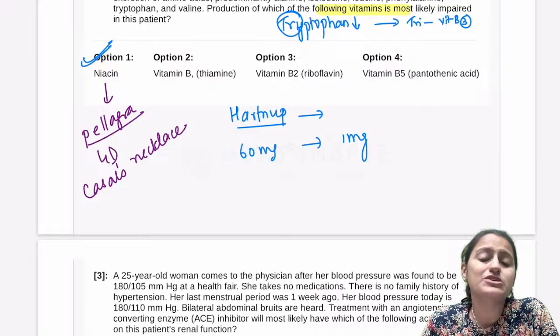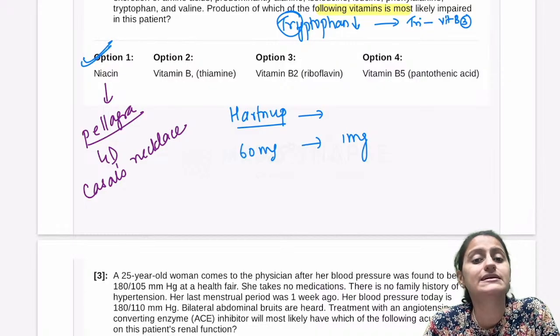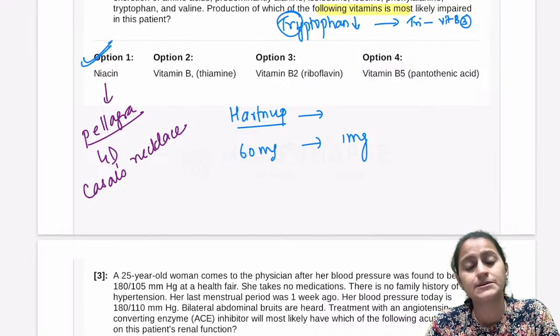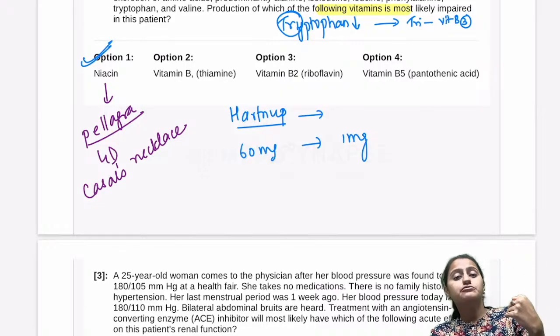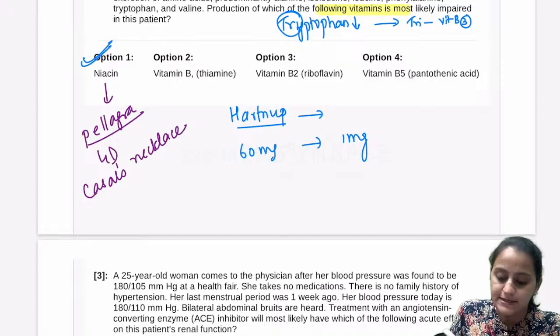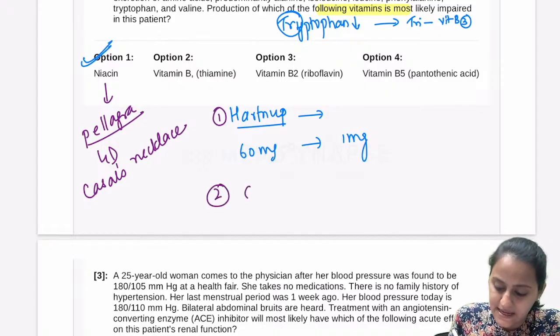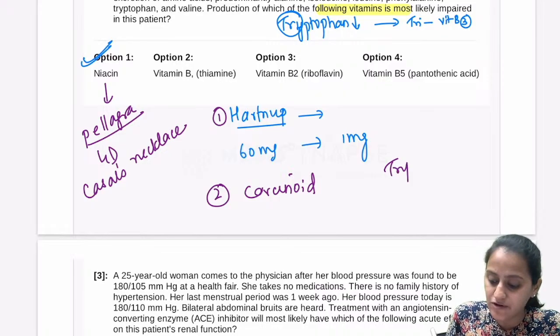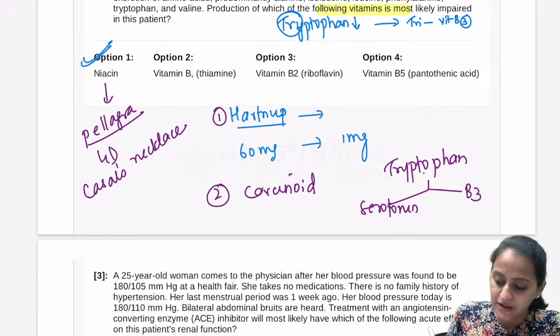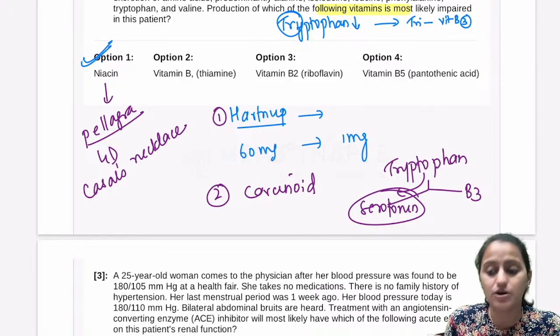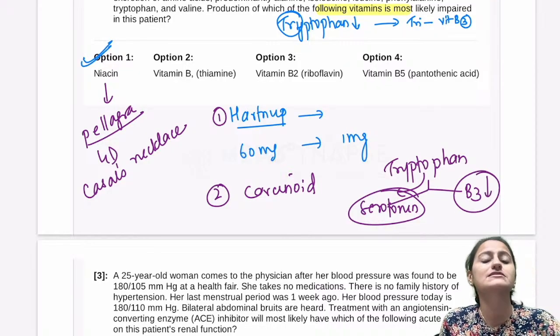Correct. Which other disorder can have pellagra-like features? One where all the tryptophan is getting diverted to form serotonin. So remember, one is Hartnup, second is carcinoid. From biochemistry, in short, tryptophan forms serotonin, and it forms B3. If all the tryptophan is going to form serotonin, the B3 levels will decrease.